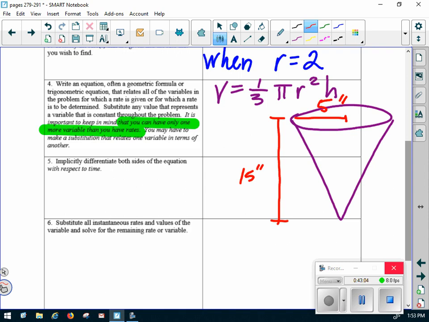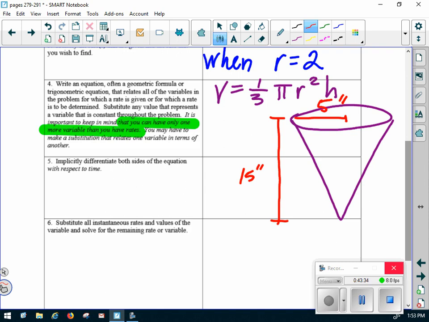Go radius. Did I teach you something? Did you just figure out something? Explain what you just said to me. The radius is 5 there, and the height is 15. We know the radius is 2 inches in the given statement.